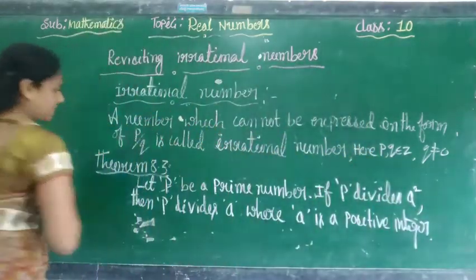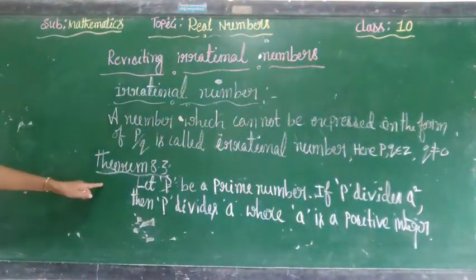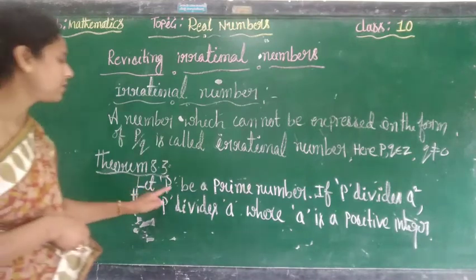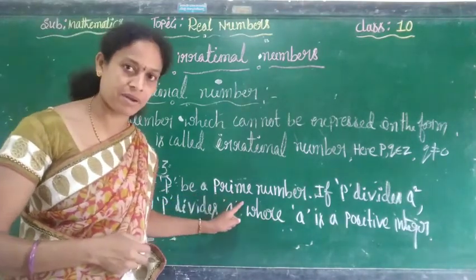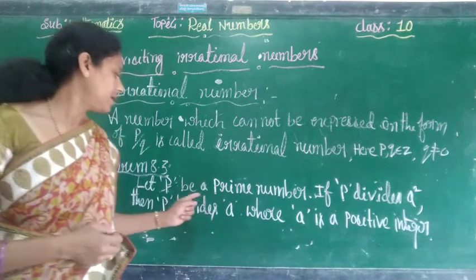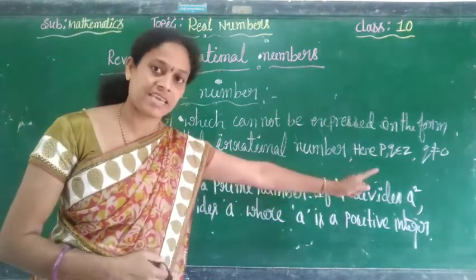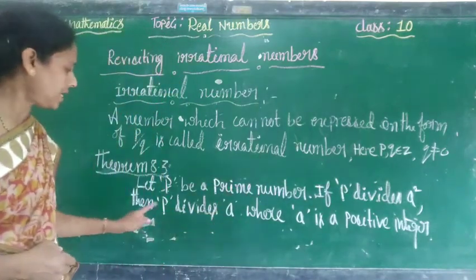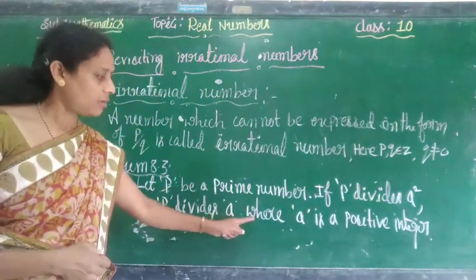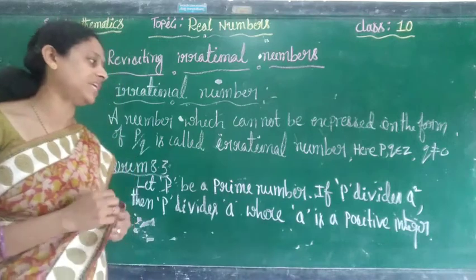Once again, theorem 8.3. If P be a prime number, ಒಂದು ಸಂಯುಕ್ತ ಸಂಖ್ಯೆ, P be a prime number, if P divides a square, then P divides A, where A is a positive integer.